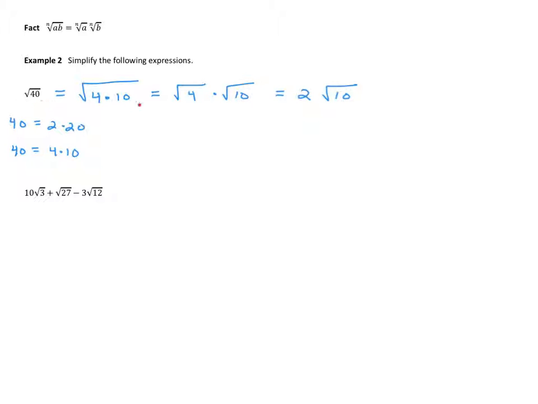This process will end the second that there are no more perfect squares within the number under this root symbol. So here I have the square root of 10. Does 10 contain a perfect square? So we could examine that. Well, let's see, 10, that could be 1 times 10, but that's no good, or perhaps it would be 2 times 5.